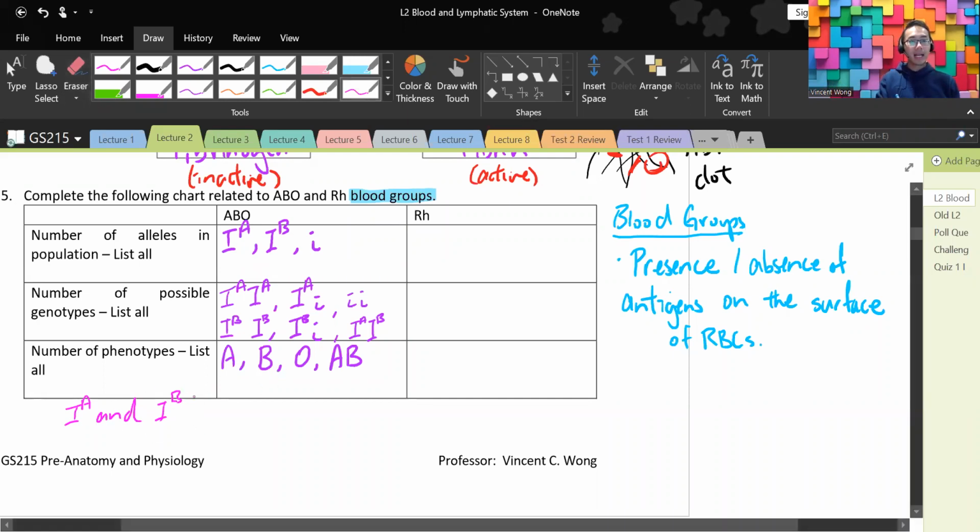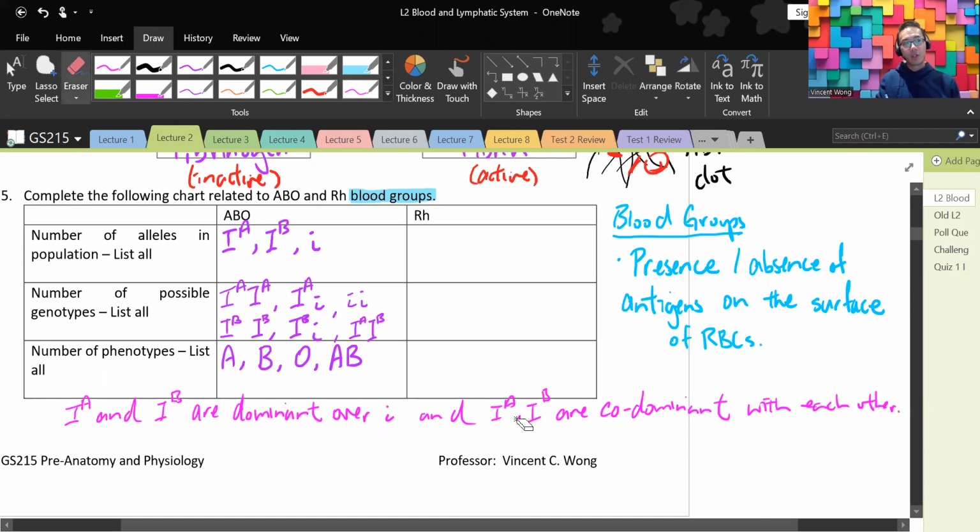Okay, so IA, IB are dominant over small I. That means they will cover up small I, right? And IA, IB are co-dominant with each other.